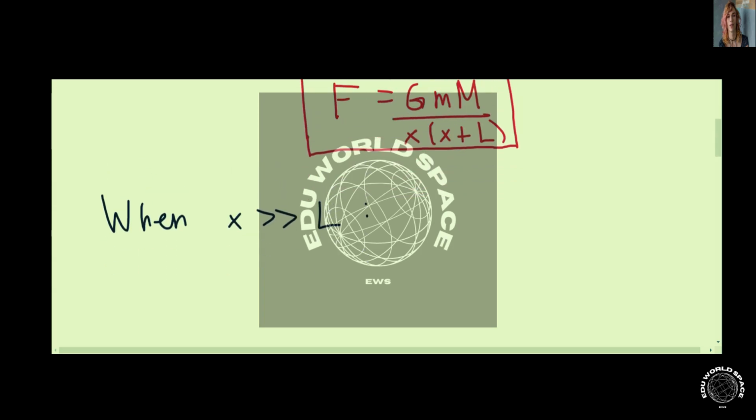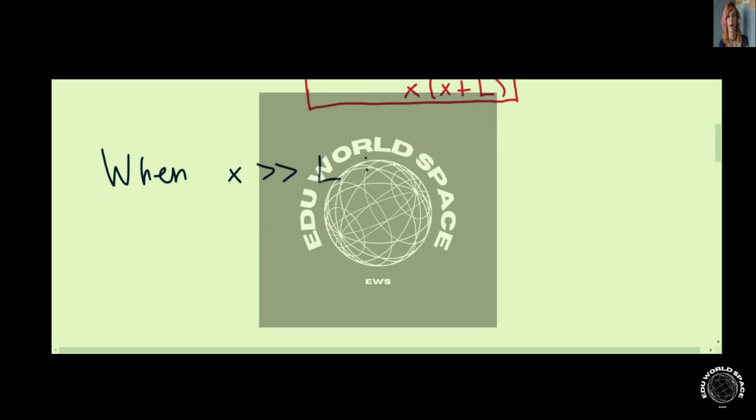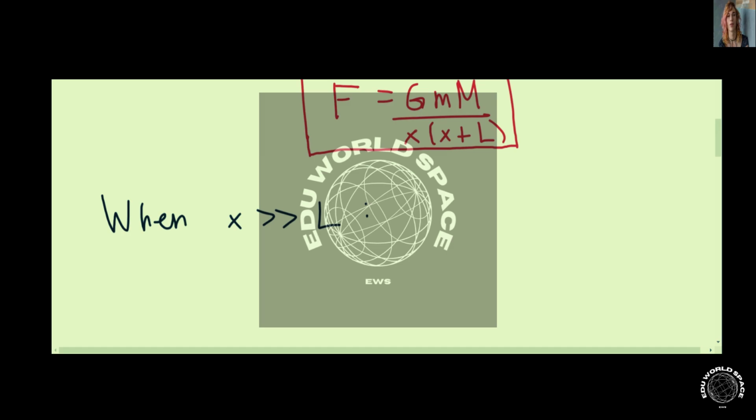So let's think about that. So when x is much larger than L, what's going to happen to our formula? Well, if you take a look at the part that has the x plus L, if x is much larger than L, then adding L to x doesn't really make a big difference.